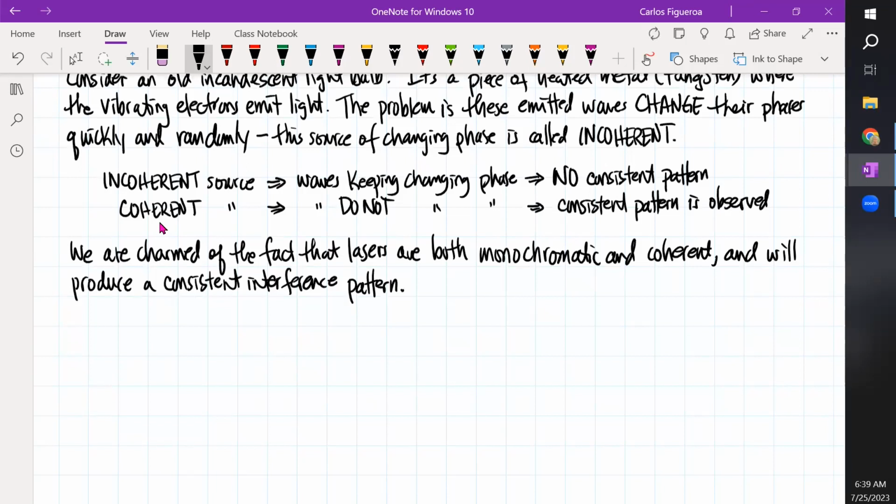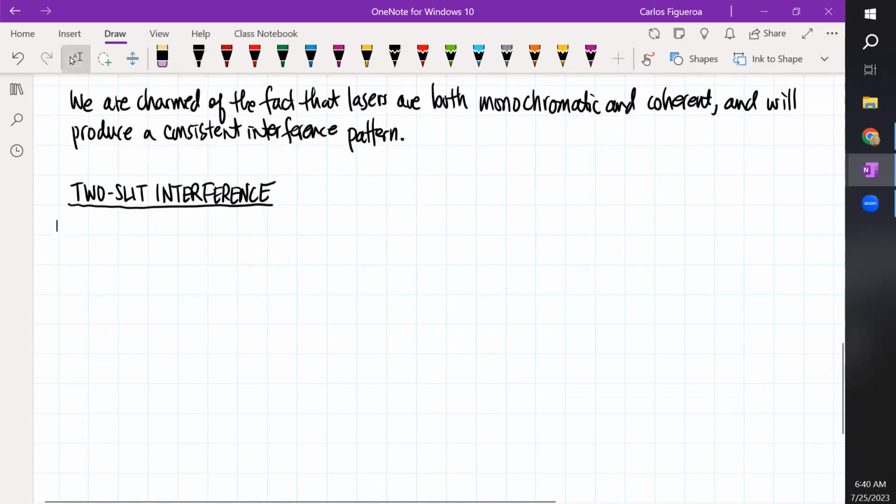And that's what we need. So now we can then go on to two-slit interference. We now know how to do this. So let's go look at this.